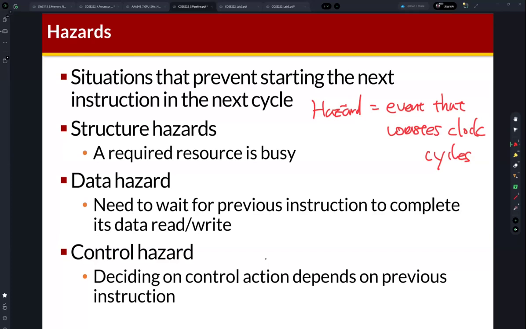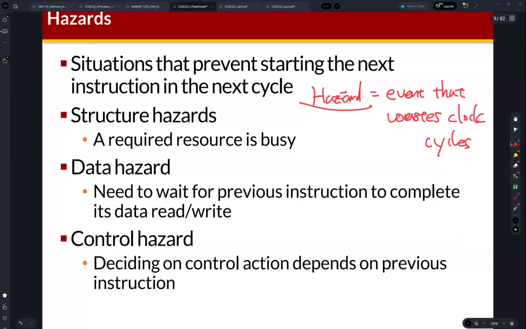Which means clock cycles can be wasted because the processor cannot receive an instruction. In this clock period, the clock cycles are wasted. This is the hazard. So you can understand that a hazard is an event that wastes clock cycles in a processor.